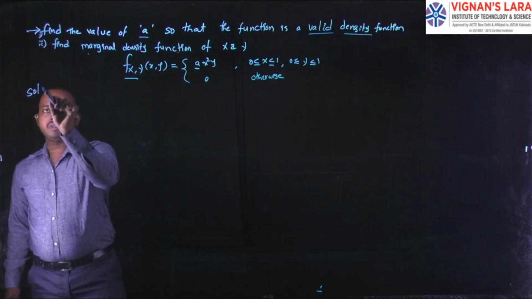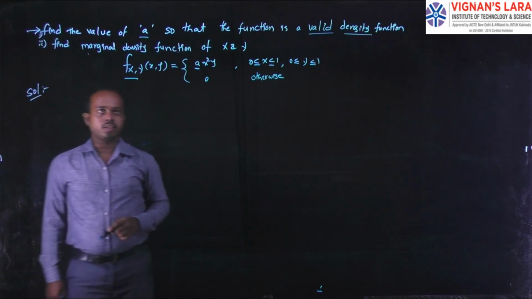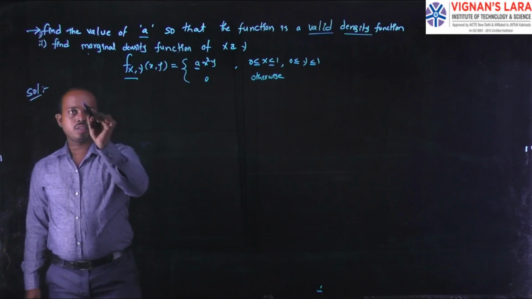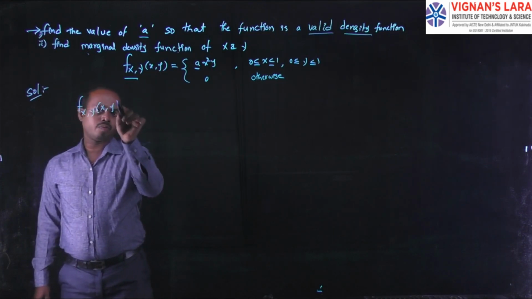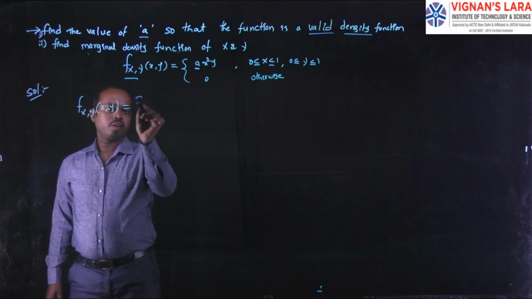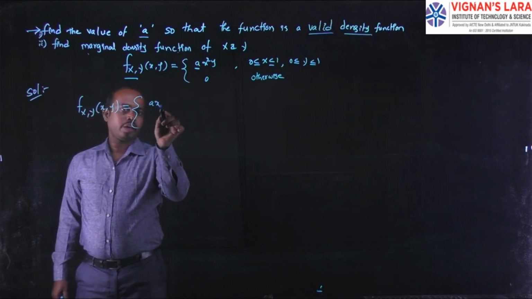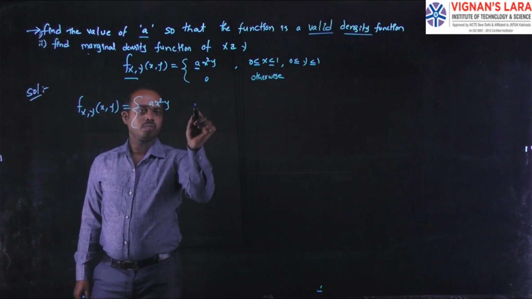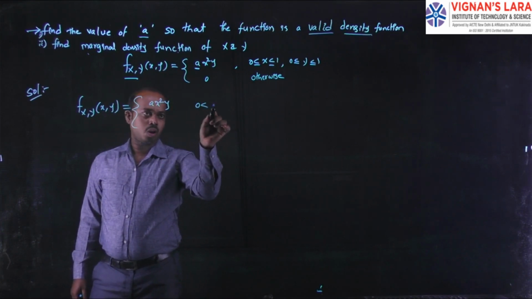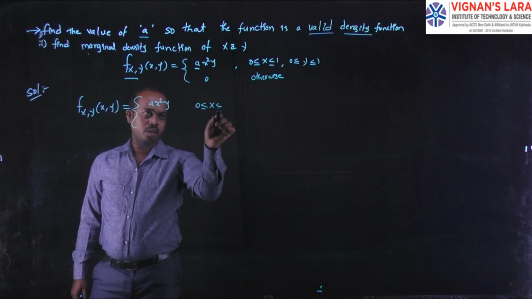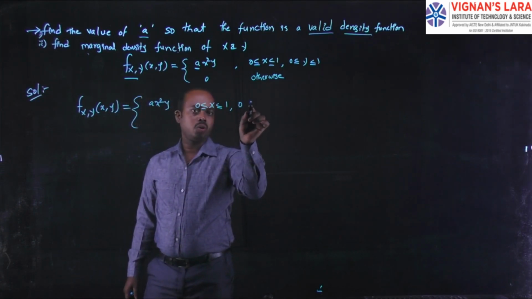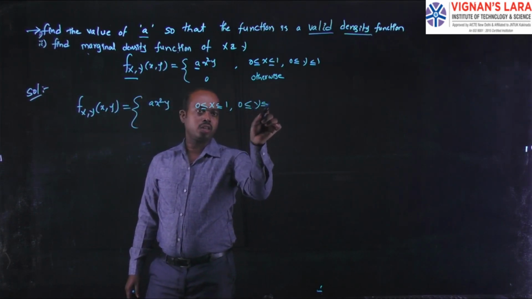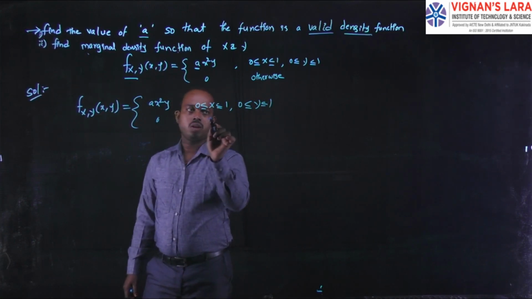The solution of this problem: the given data is the function f of x comma y is equal to a x square y, with limits 0 less than x less than or equal to 1, and y limits 0 less than or equal to y less than or equal to 1, and 0 for else.